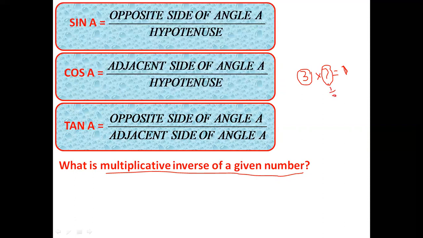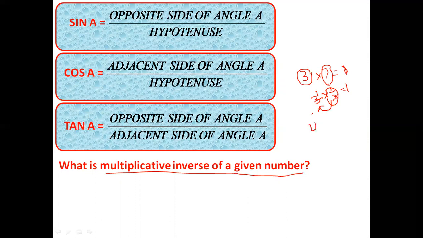If you multiply 3 with 1 by 3, only then you get 1. So 1 into 1 is equal to 1. So you keep 1 by 3 in place of the question mark. This 1 by 3 is called the multiplicative inverse of 3.